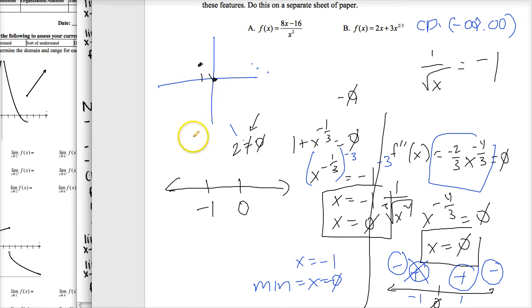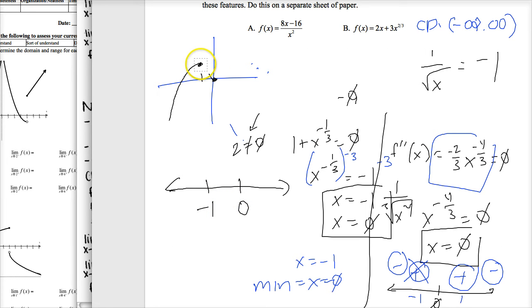Okay. And then, remember we said it's increasing from negative infinity to negative 1? So it's increasing and it's concave down. So increasing and concave down looks like this. So my line, it's increasing, but it's concave down, and I have a max right here. Remember when we did it, we had negative 1 to 0 was decreasing? And remember, it's concave down everywhere.